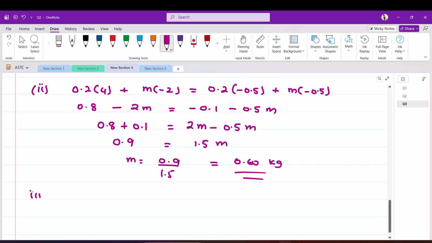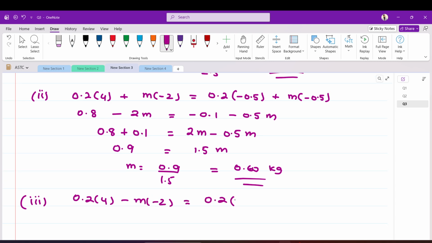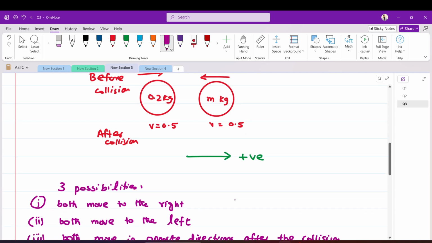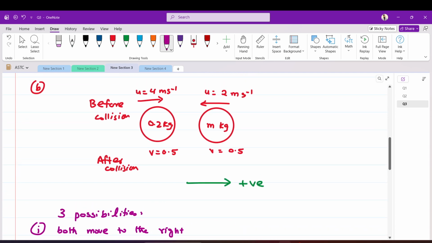Now the third scenario is that both of them will move in opposite directions. Okay, so again the first part will be the same. So we have 0.2. Now if both of them move in the opposite direction, that means the 0.2 kg particle is the one that is moving to the left, so this will have a velocity of minus 0.5. m will move to the right, so it will have a positive value of 0.5.